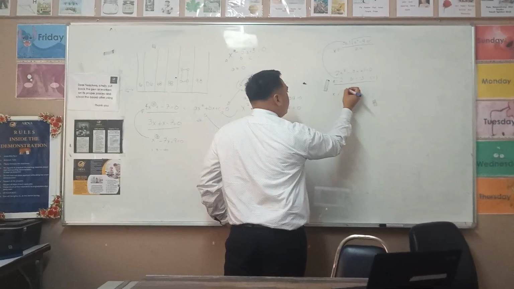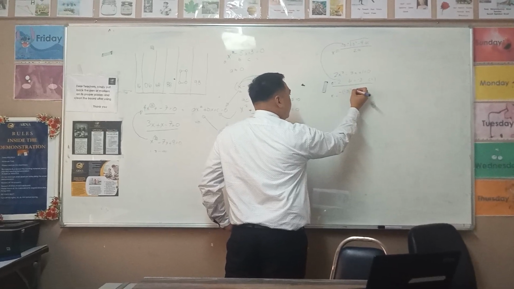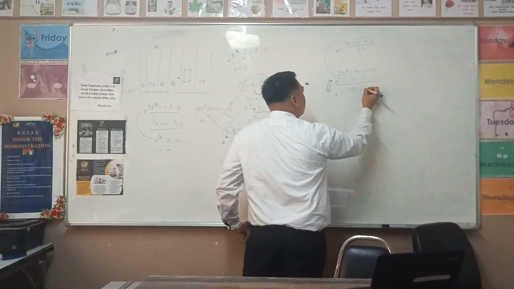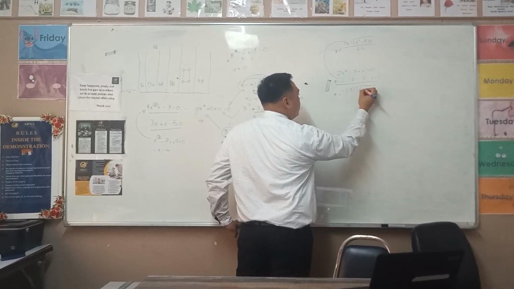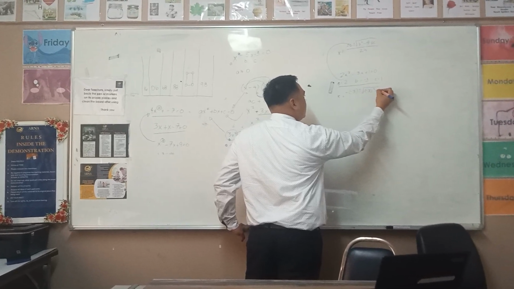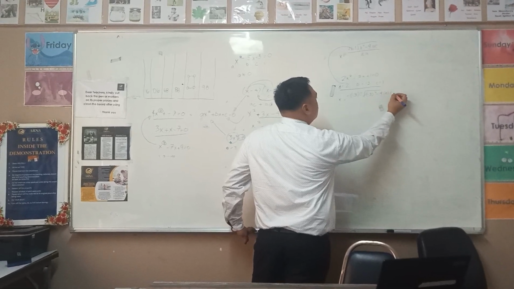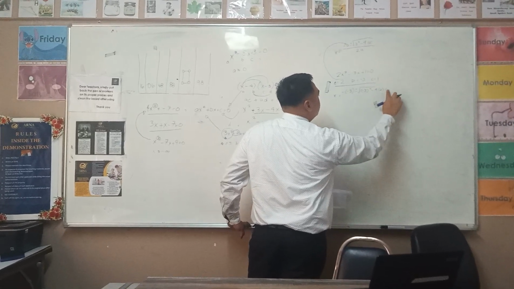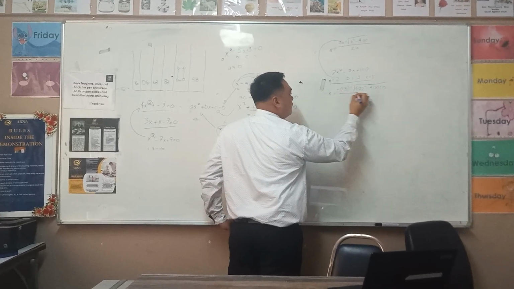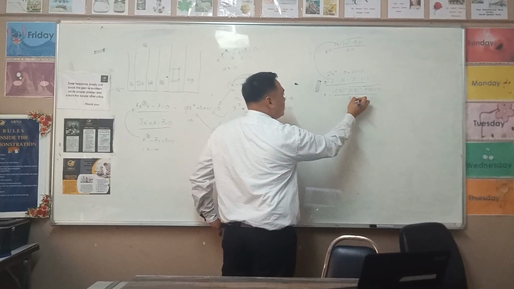Your b will be negative 3, then plus or minus the square root of, what is your b again? Negative 3 raised to 2 minus 4 times a times c, which is 1, sorry. All over 2 times a, which is 1.